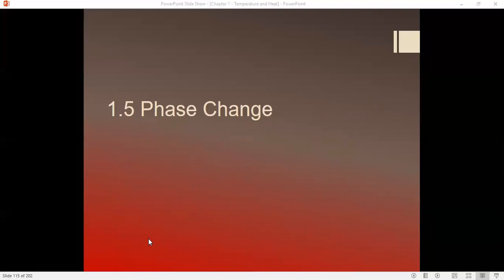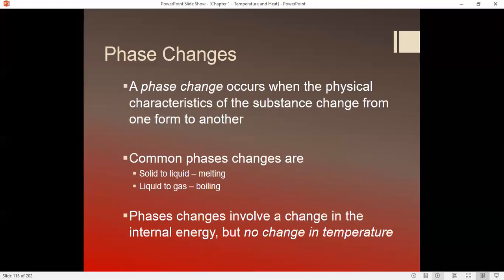Okay, let's take a look at this. Okay, so again, phase changes occur when the physical characteristics of the substance change from one form to another. First order phase transitions or phase changes can be melting or freezing, boiling, or condensation.